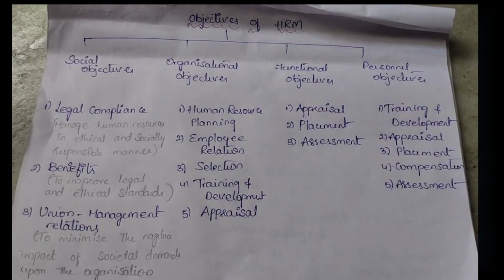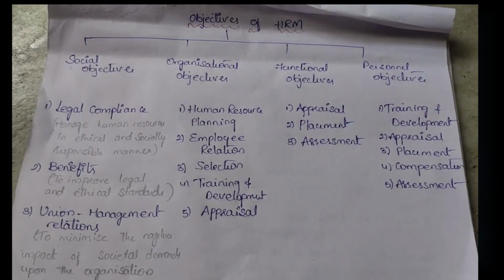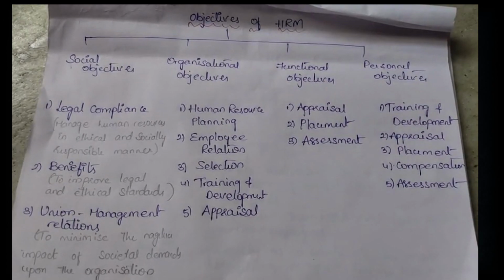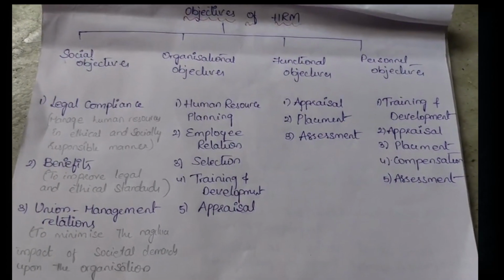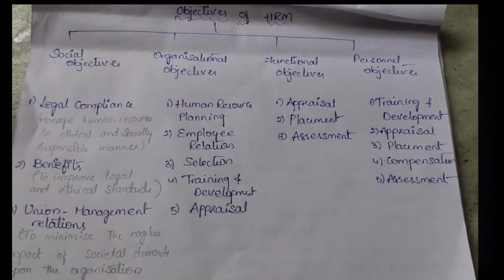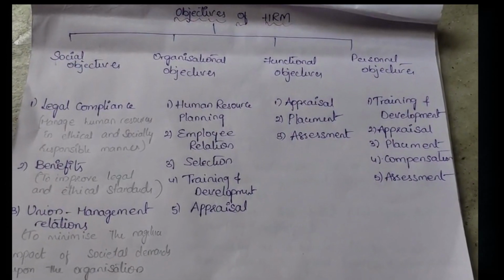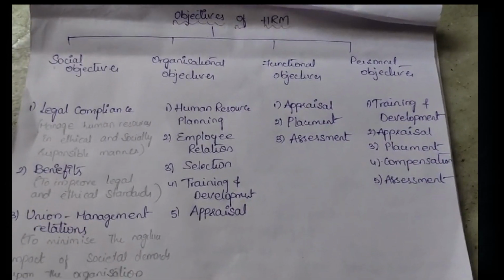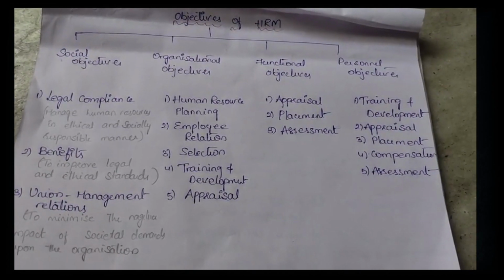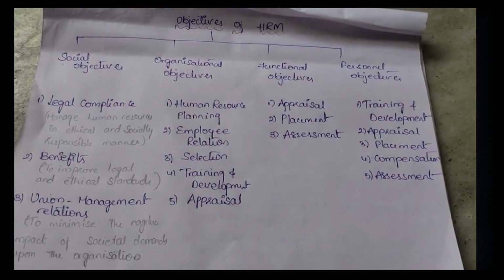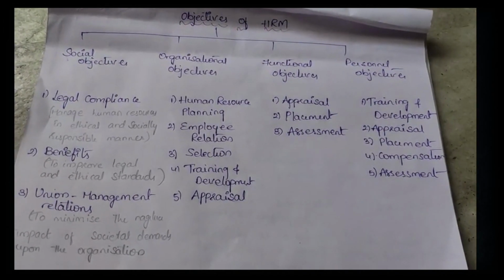And social objectives will be divided into 3 subpoints. That is legal compliance, benefits, union management relations. First you remember these points. It is the responsibility of the HR department to explain all ethical and social responsibilities of each employee.